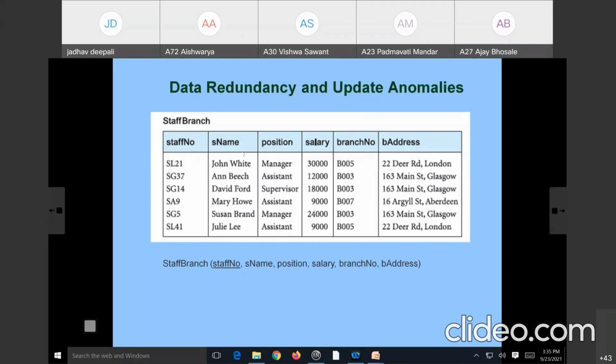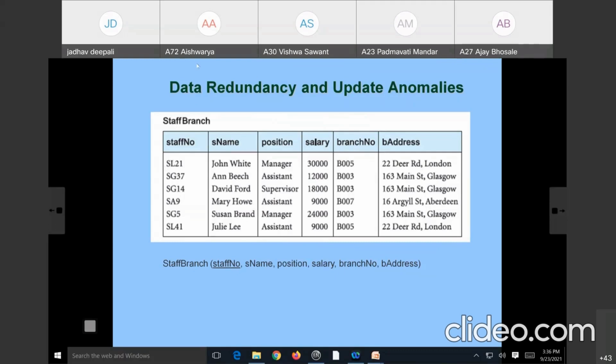Okay, suppose these are 6 attributes. With these staff numbers are there, these staff names; the position of SL21 John White is manager with the salary 30,000. To which branch is he working from? Branch number B005 with this address.